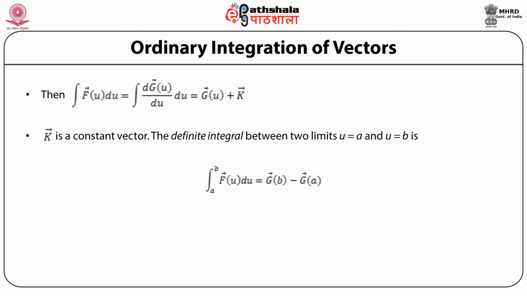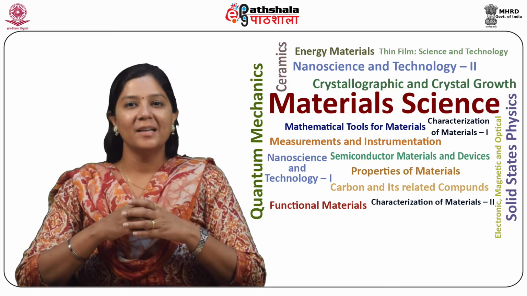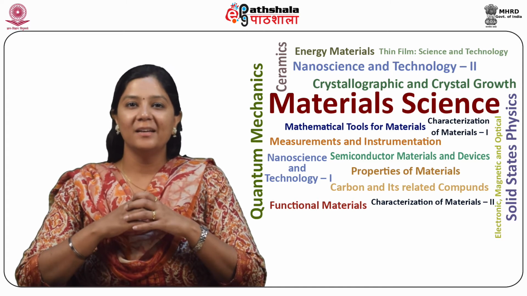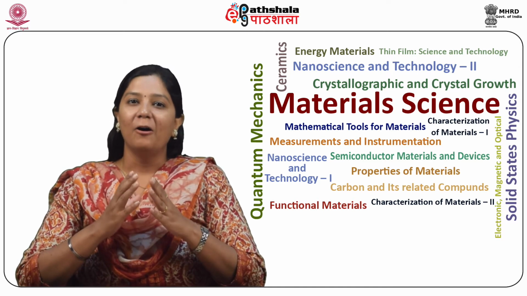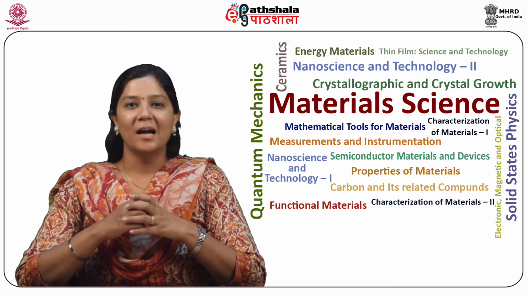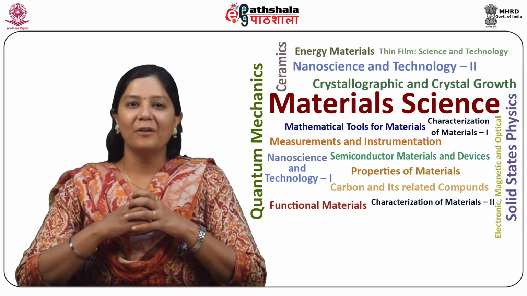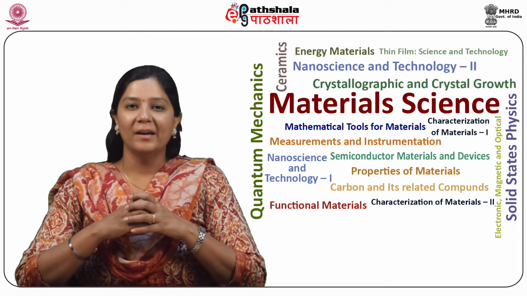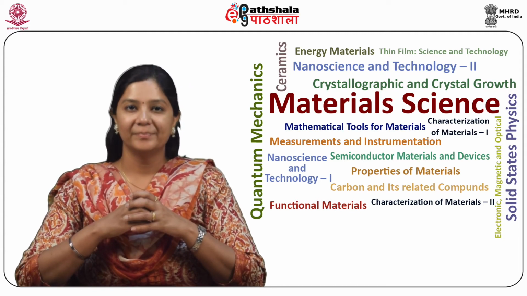The definite integral between limits u equals a and u equals b is integral from a to b f(u) du equals g(b) minus g(a). The geometrical interpretation of this definite integral follows from an ordinary integral, namely, its three components are the areas under the curves of the three components of vector f(u).